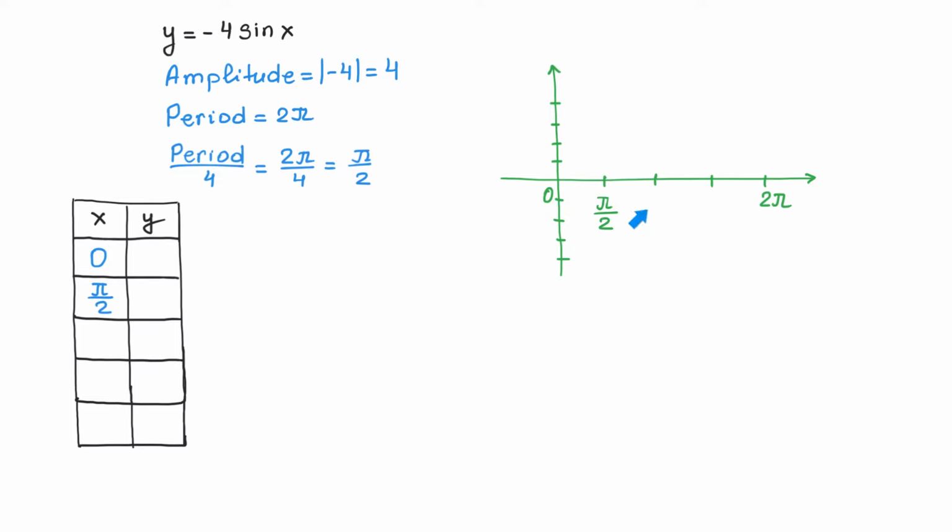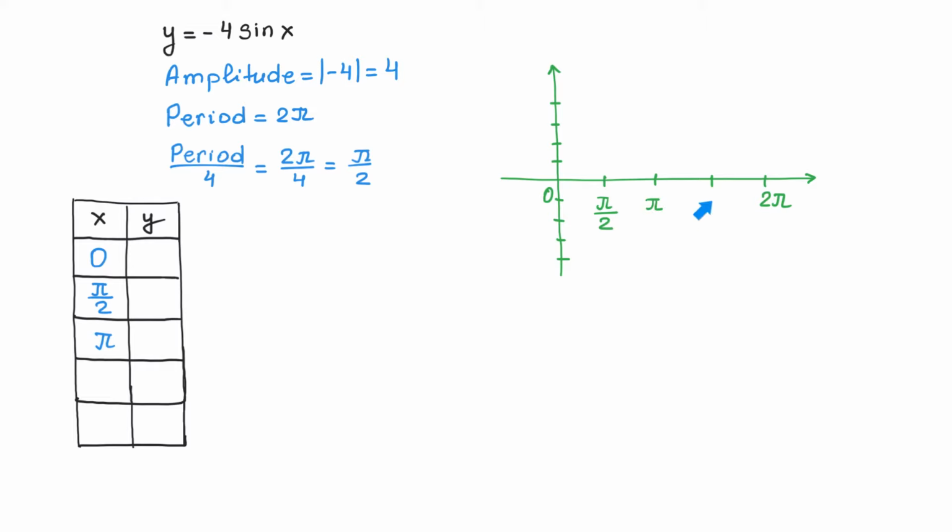And now to find the next x-coordinate, we take the previous one, which is pi over 2, and we add a quarter period, which is also pi over 2. Then pi over 2 plus another pi over 2 is pi. And to the right, I will also add it to the graph.